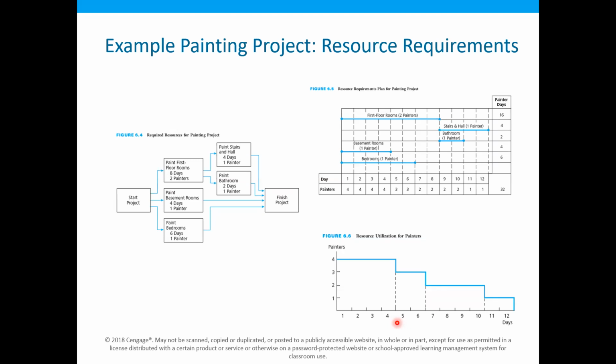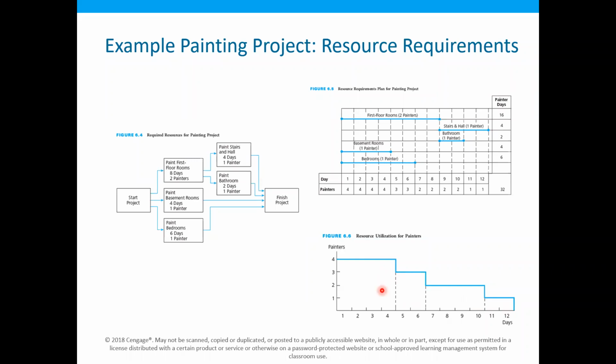This type of resource utilization is very typical for projects in which all the activities are started at their earliest start time. In this case, we have scheduled all the activities at their earliest start time, and therefore we have achieved this kind of resource utilization.